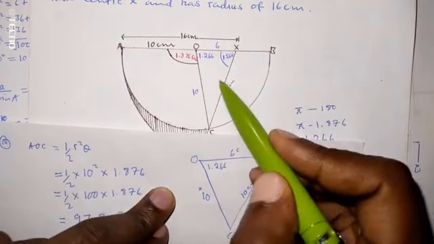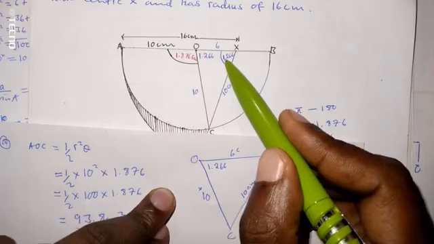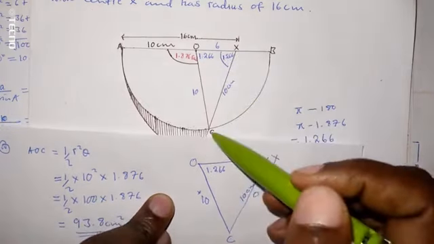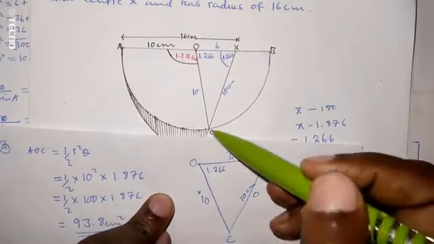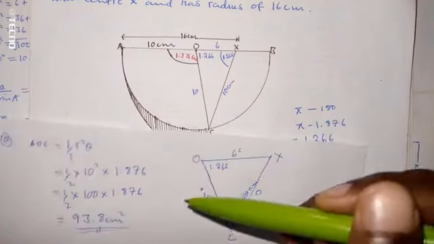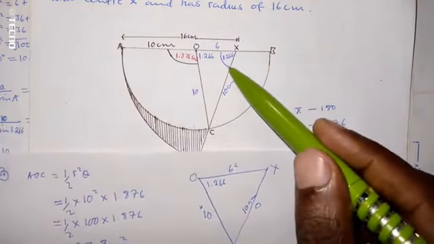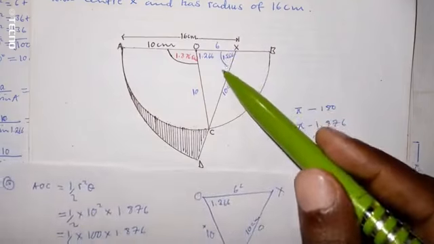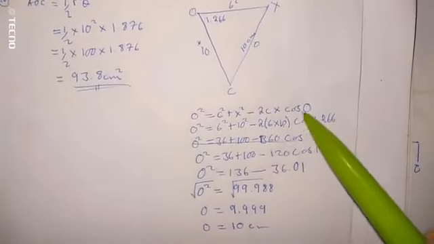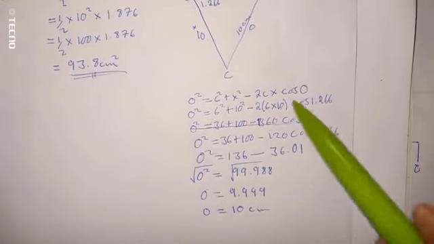When you use the sine law, you are going to get 1.266, because OC and XC have equal distance. So we've calculated the angle at X following this procedure.